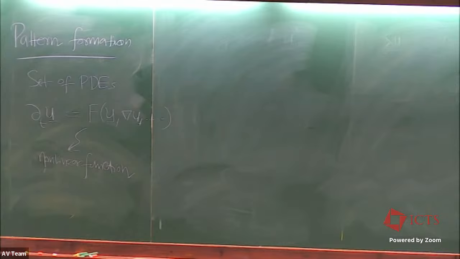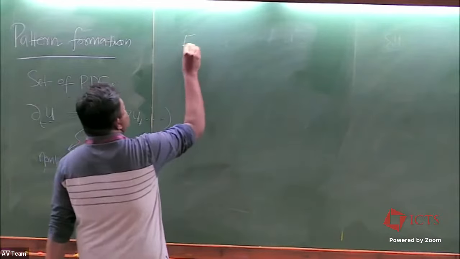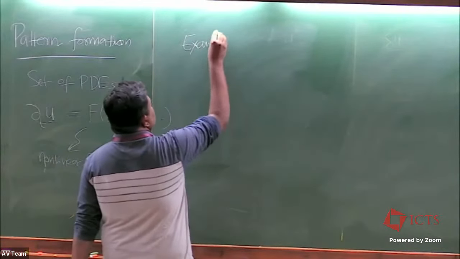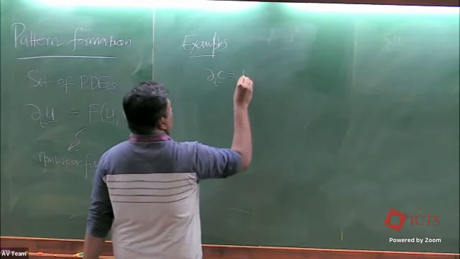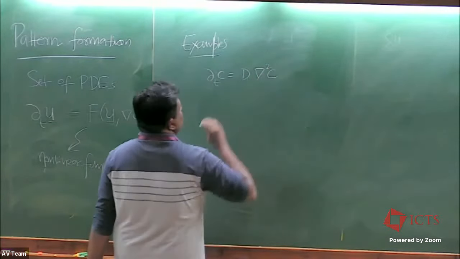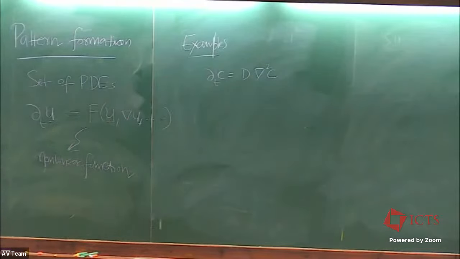Okay, so you would like to find out, therefore, so maybe even before that, some examples. So for instance, if you have the heat equation or the diffusion equation, that's an example of an equation like that.